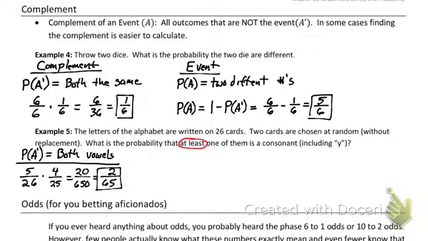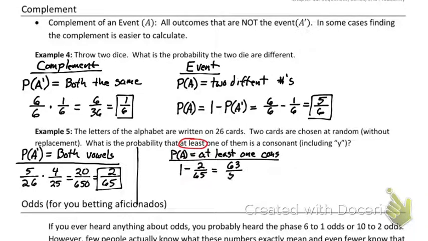So that means we're going to do our actual probability, which is the probability of A, at least one consonant. That would be 1 minus our 2 over 65, which we should get out as 63 over 65.